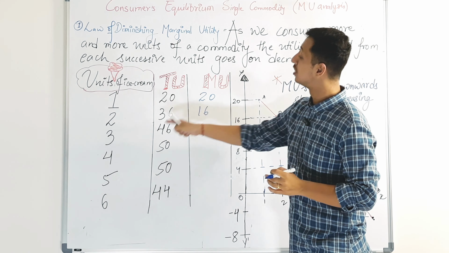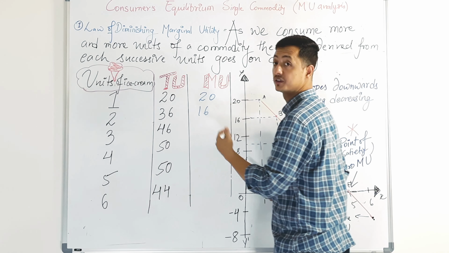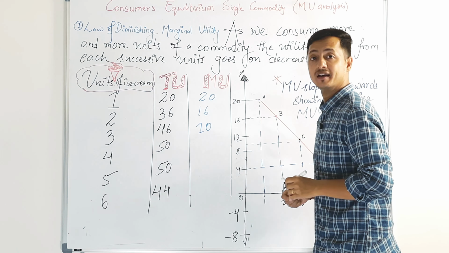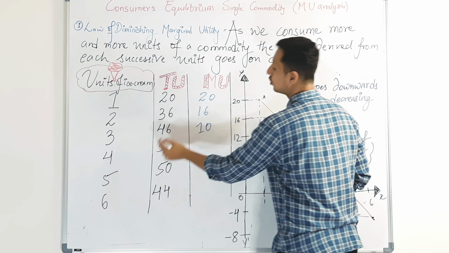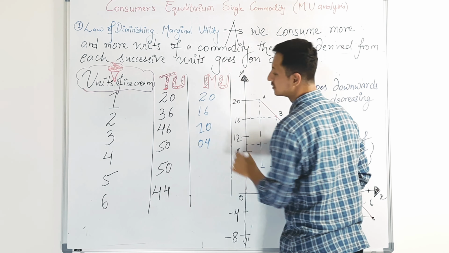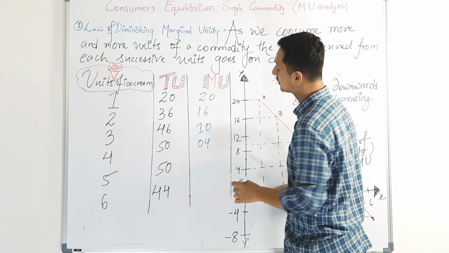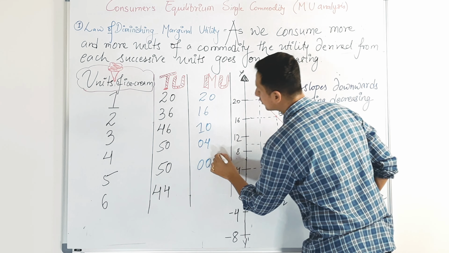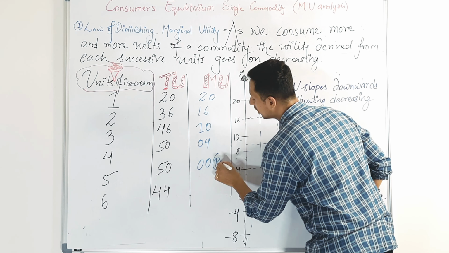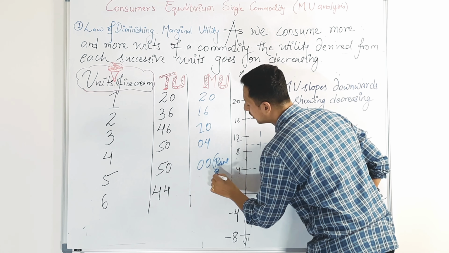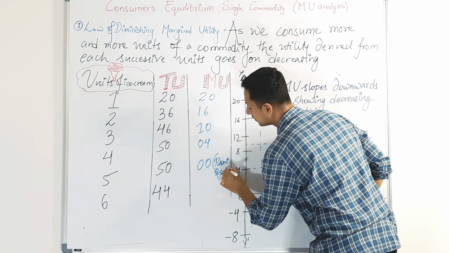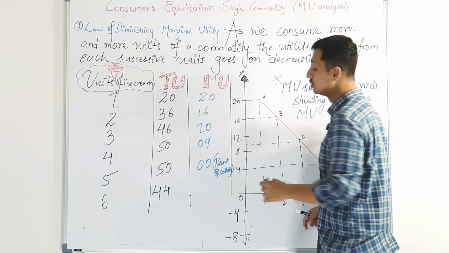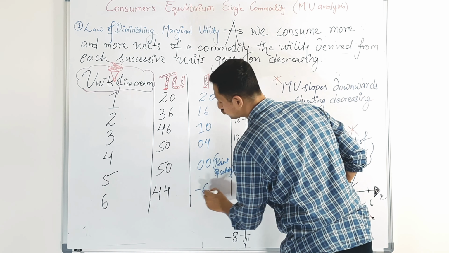Then the third consecutive ice cream gave only 10 utility, the fourth gave only 4, and the fifth did not give any utility. So this point is the point of satiety. And if you continue to have more, it will be -6.